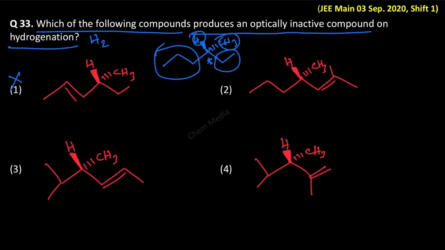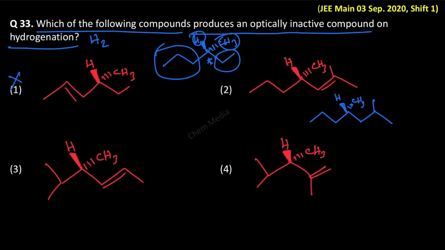And then for the second one it would become 1, 2, 3, 4, 5, 6, 7. At the 6th position we have a methyl group, and at the 4th position we have a methyl group.